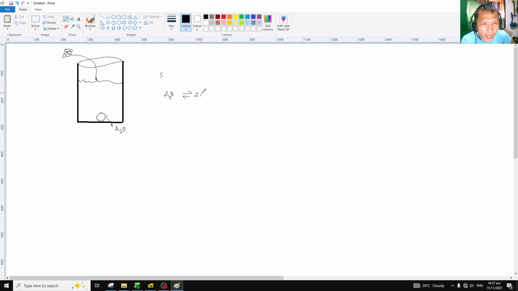So 2A plus B. So if it has dissolved and exists like this, this is the concentration at equilibrium. A to B. That clump, that powder.